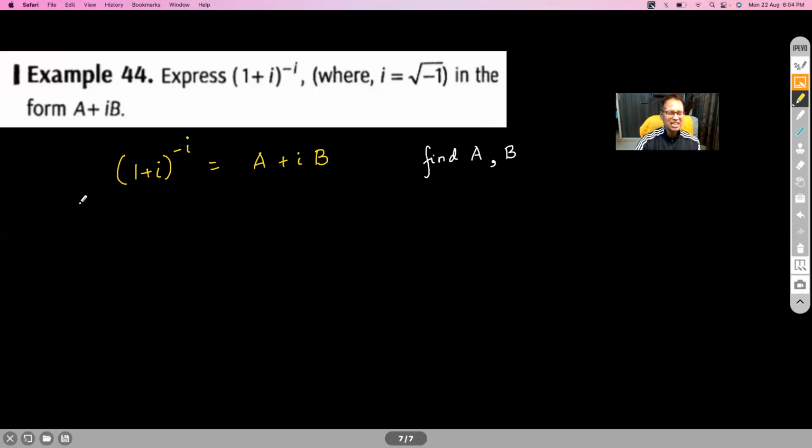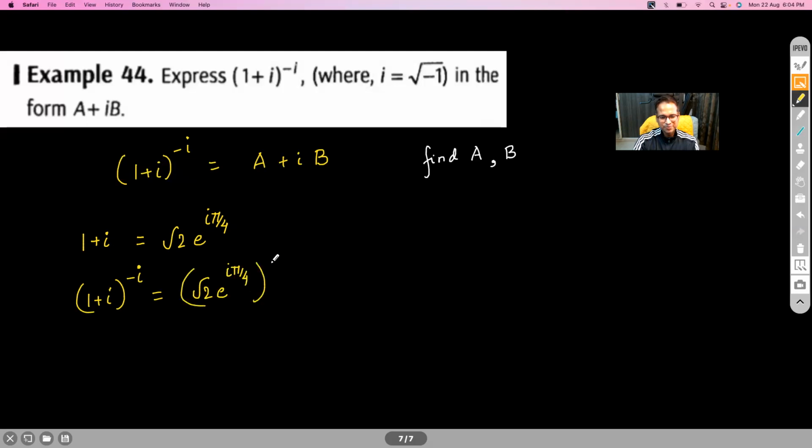Okay, so if I were to solve this problem, I will first write down the Euler form representation for 1 plus i. What is the modulus of 1 plus i? Root 2. Argument of 1 plus i, pi by 4. So in Euler form, I can write 1 plus i as root 2 e to the power i pi by 4, correct? Now I'm raising it to the power minus i.